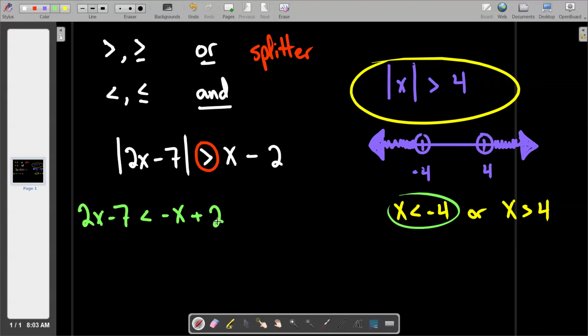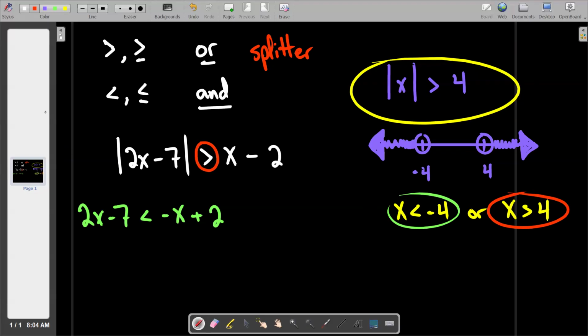The thing that I have circled in green and the thing that I have written in green are the similar situations here. By writing a splitter, I'm forcing myself to say I could be to the left of the smaller boundary. That's what the green thing says. Okay. What this other one says, I'll circle it in red, is that on the other side, I can also be bigger than the positive boundary.